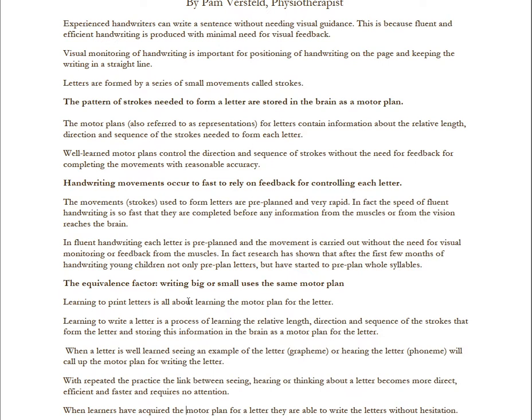Learning, by the way, a chalkboard is better than a whiteboard because of the kinesthetic feedback. Learning to print letters is all about learning the motor plan for the letter. Notice that it's all about learning the motor plan for the letter, and we're going to show you exactly how to do that in the later part of this video.